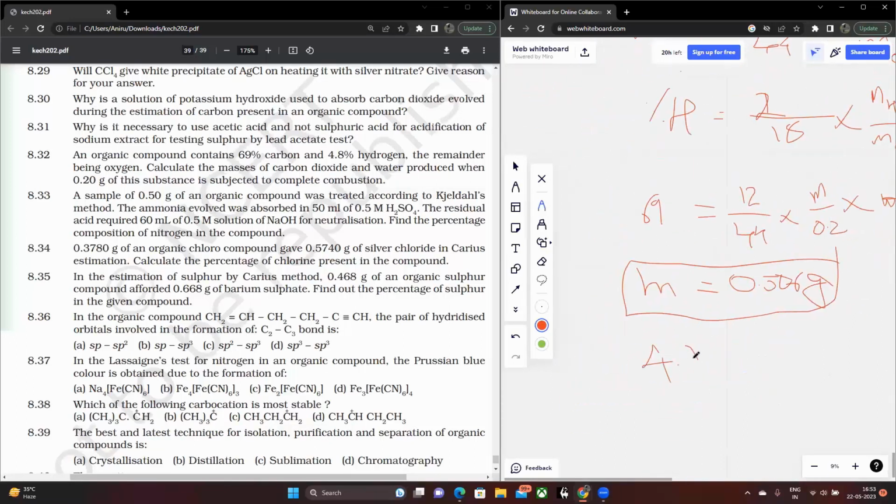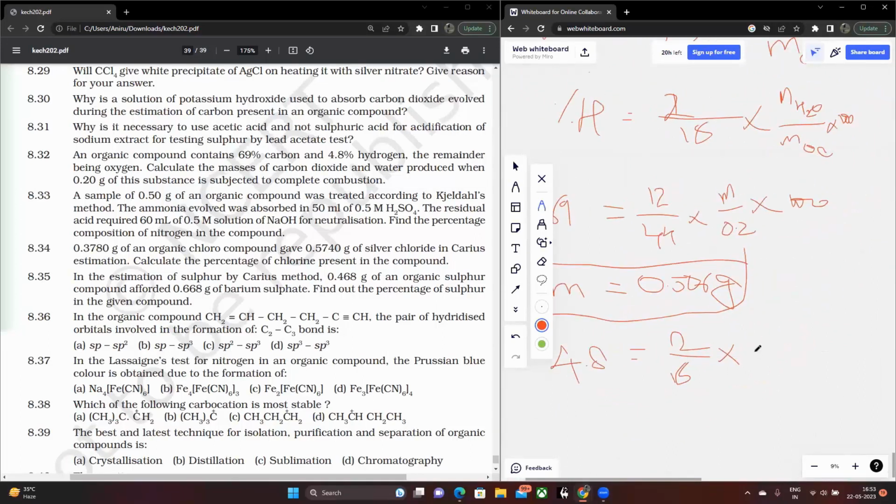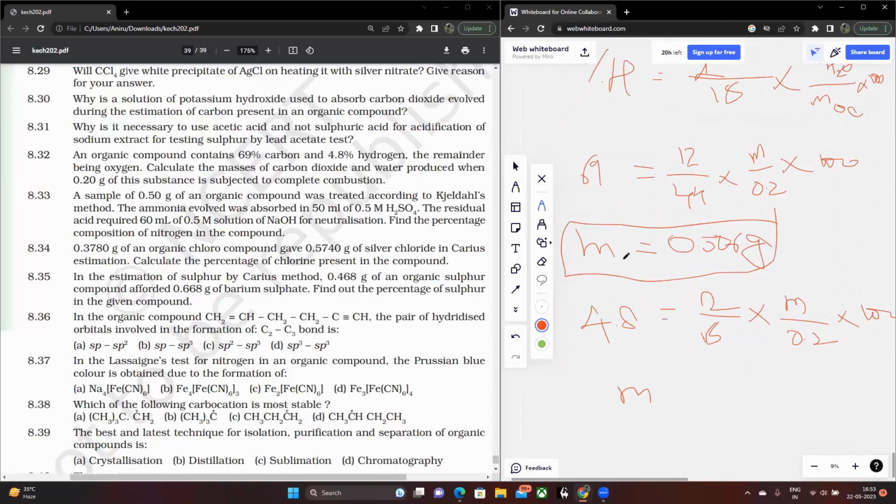Similarly, I'll use 4.8 equals 2 by 18 into M divided by 0.2 into 100, which yields me, this is M of CO2 and this is M of H2O, 0.0864 grams, right? That's what they've asked for. So you don't really need to calculate the number of moles of hydrogen, carbon, and oxygen. You can directly use the formula to get the mass of CO2 and H2O, right?